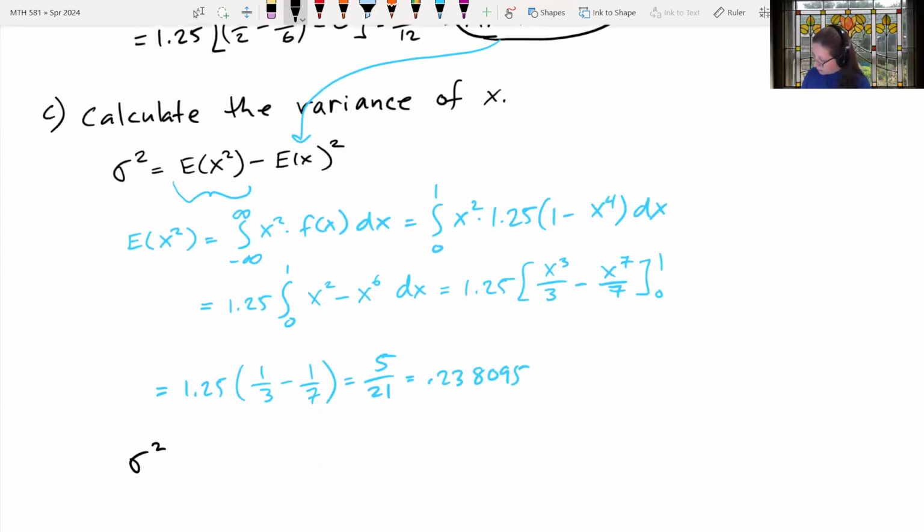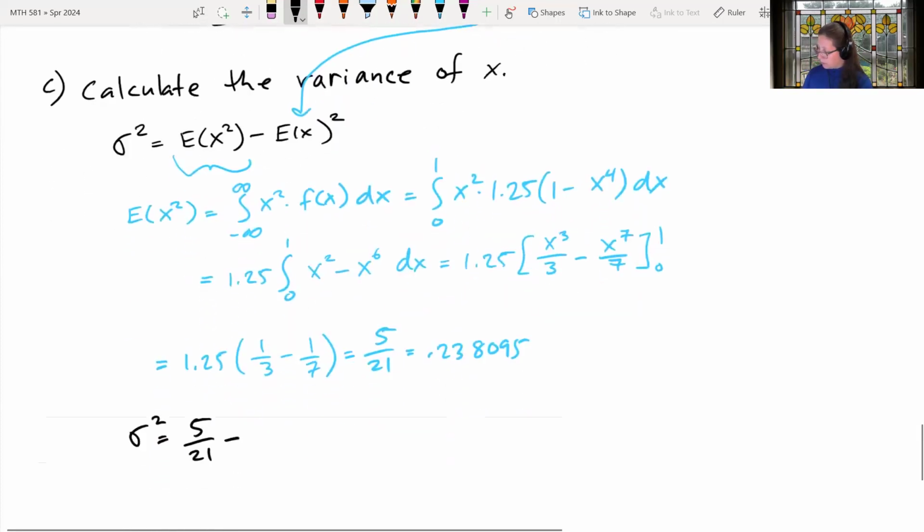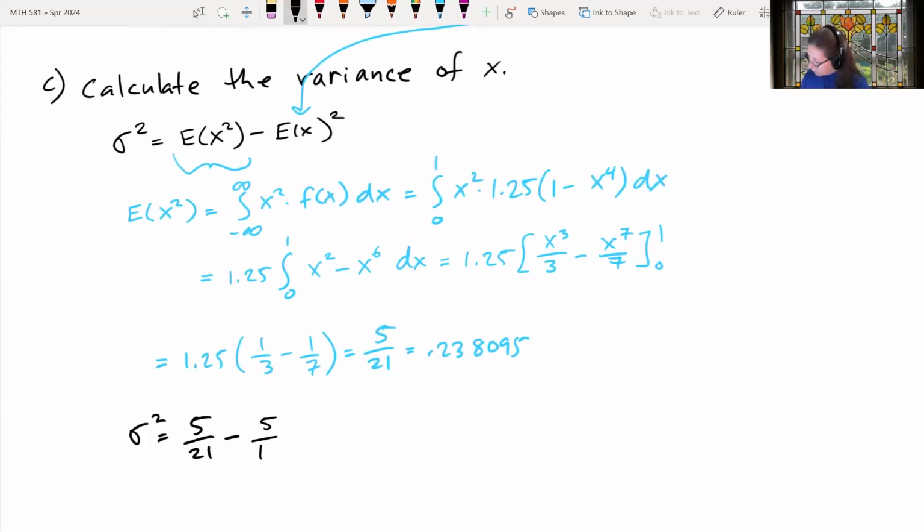So the variance is going to be that 5/21 value minus our mean squared. So recall that the mean was 5/12 squared. I use the fractions because ideally you never round between steps, but if you are going to use the decimals, go out at least 6 decimal places between steps so that your answer out to 4 isn't too far off.